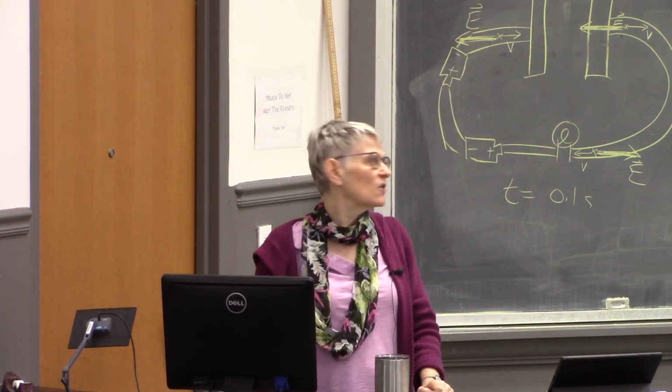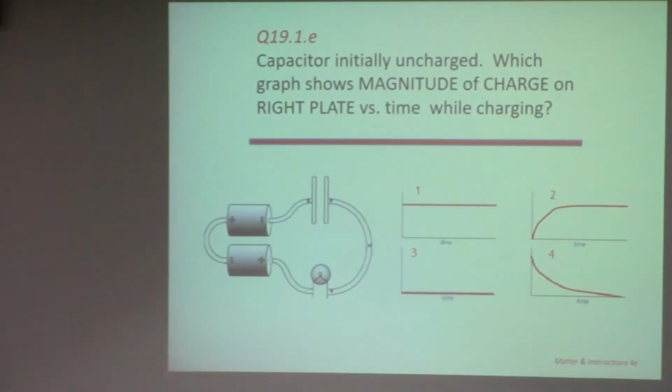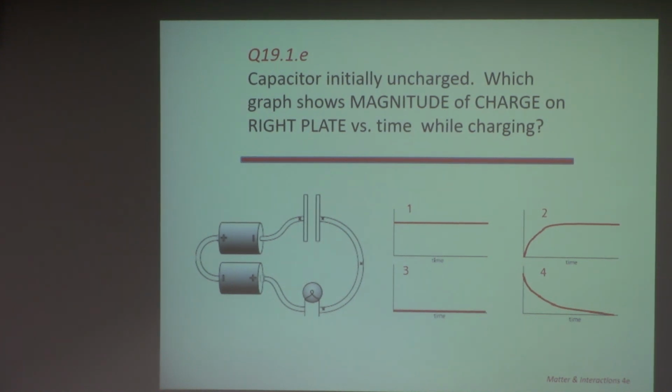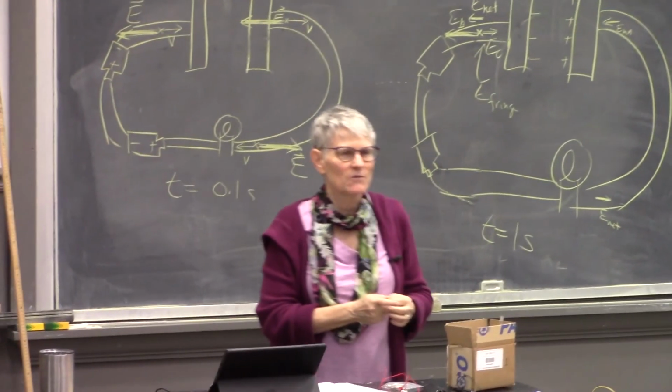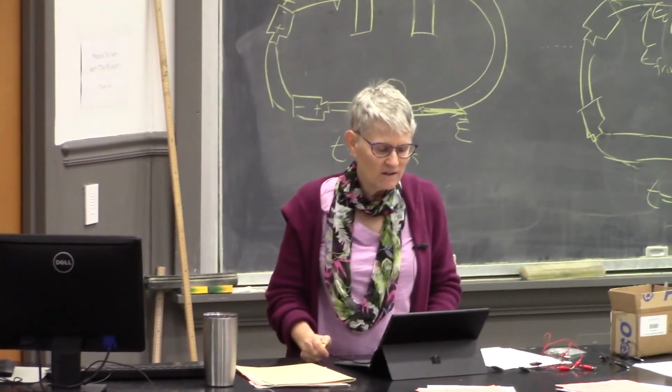The magnitude of the charge on the right plate while we're charging it versus time. Yeah, that finally we get to say 2, right? So finally there's something that does build up as we charge until we reach a point where there's enough charge to make the net field 0 in the circuit and current stops flowing. So we sort of have this long, extended transient.